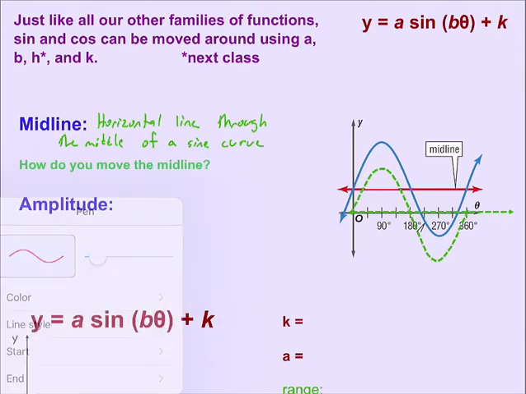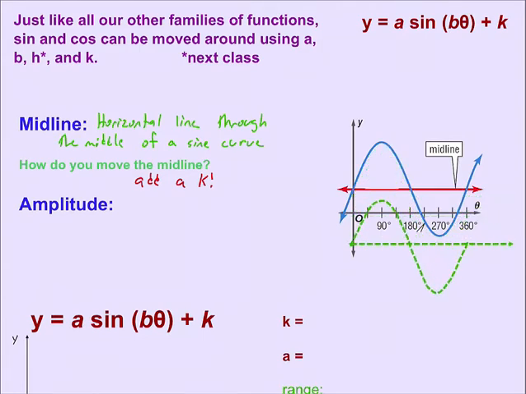That's it. So whatever the k is, moves the curve up or down. So this curve that's graphed here, it must have had a k that was positive, plus k.